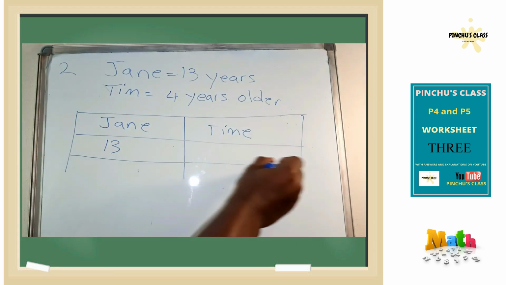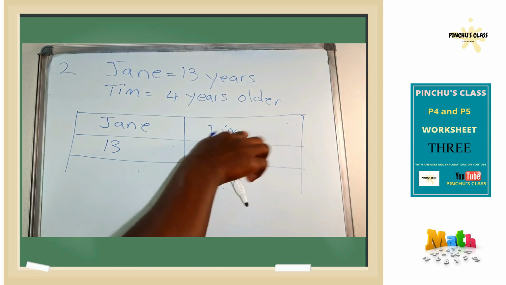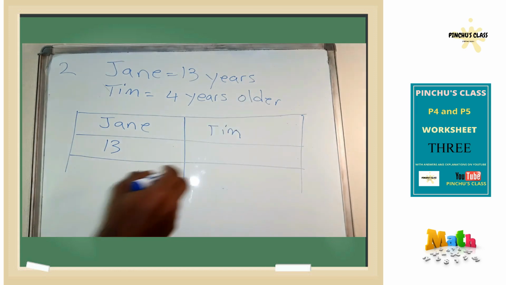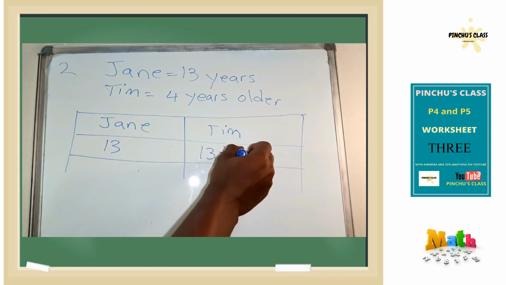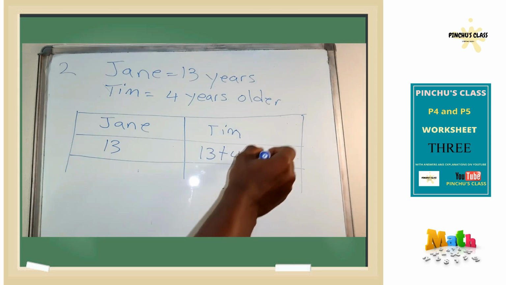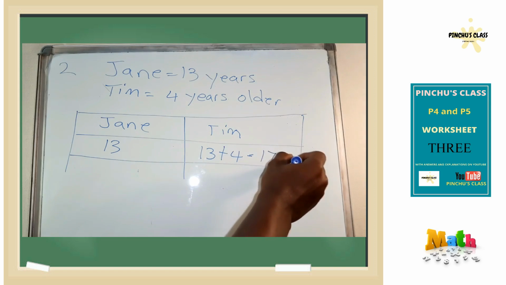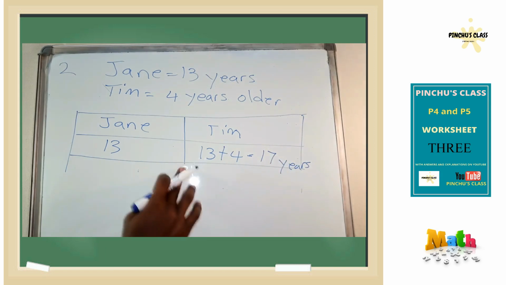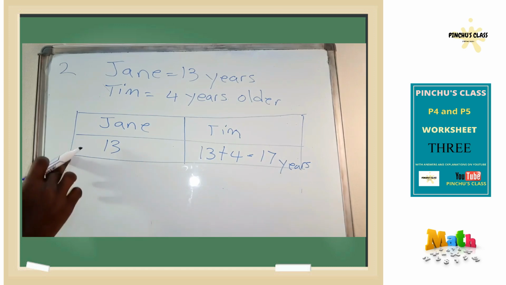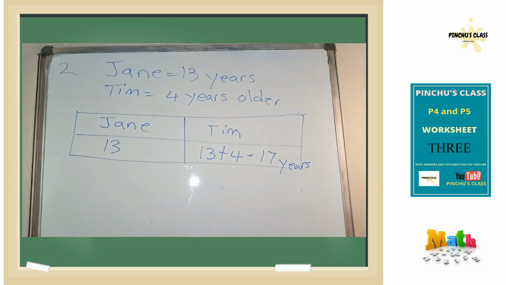It means, sorry, this is Tim, not time. It means Tim is going to be 13 plus 4, and therefore Tim is 17 years old. So the table helps us to do this number properly.